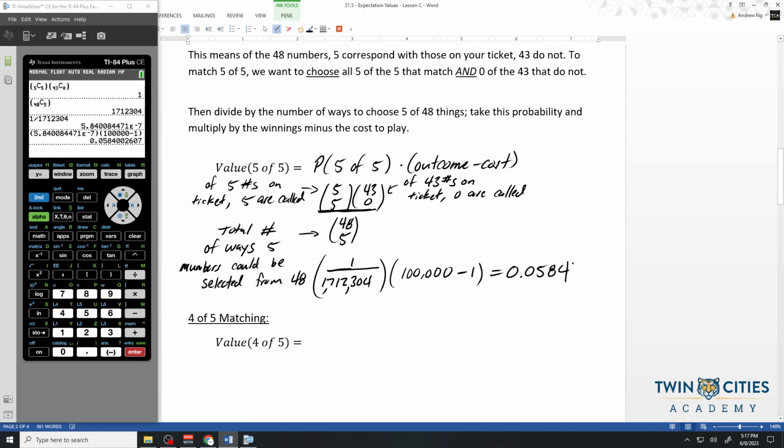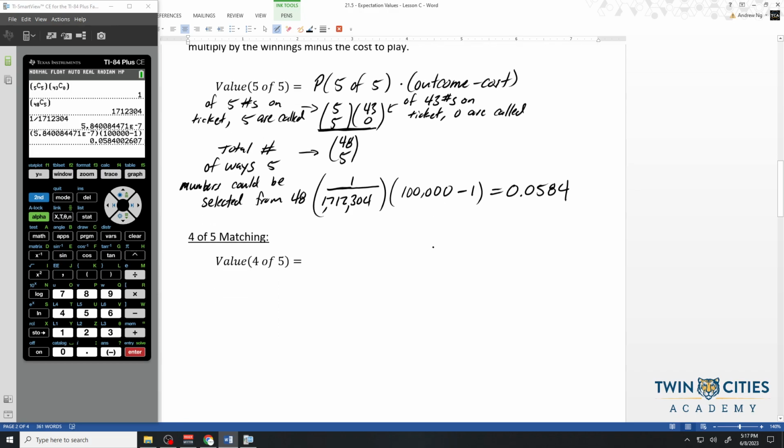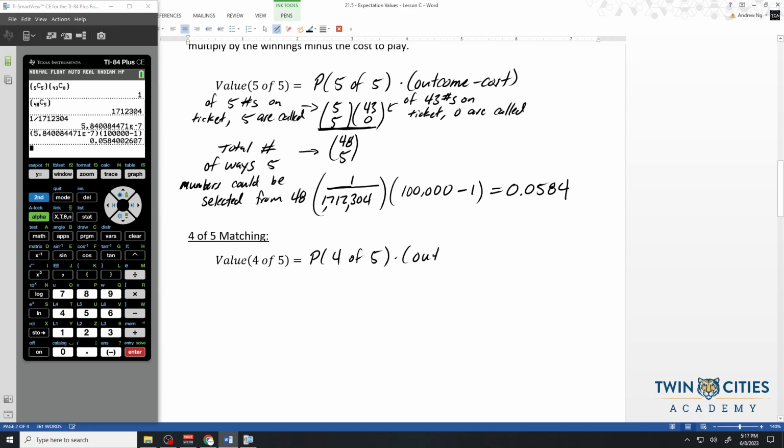Okay, let's move on to 4 of 5 matching. Now that we kind of understand this a little bit better, I'll do that without the notes written here. So to get 4 of 5 matching, I'm going to do something similar. This will be the probability of getting 4 of 5 times the outcome minus the cost for this event.